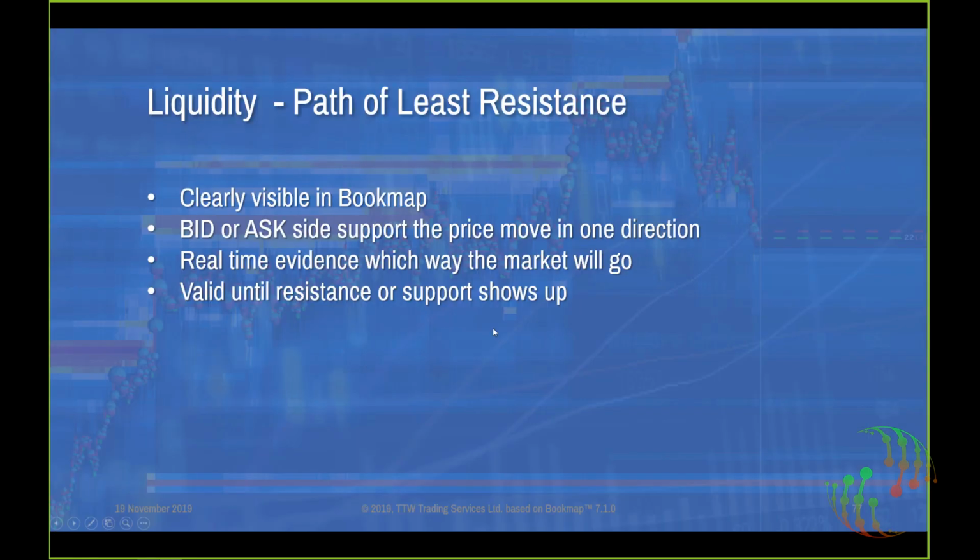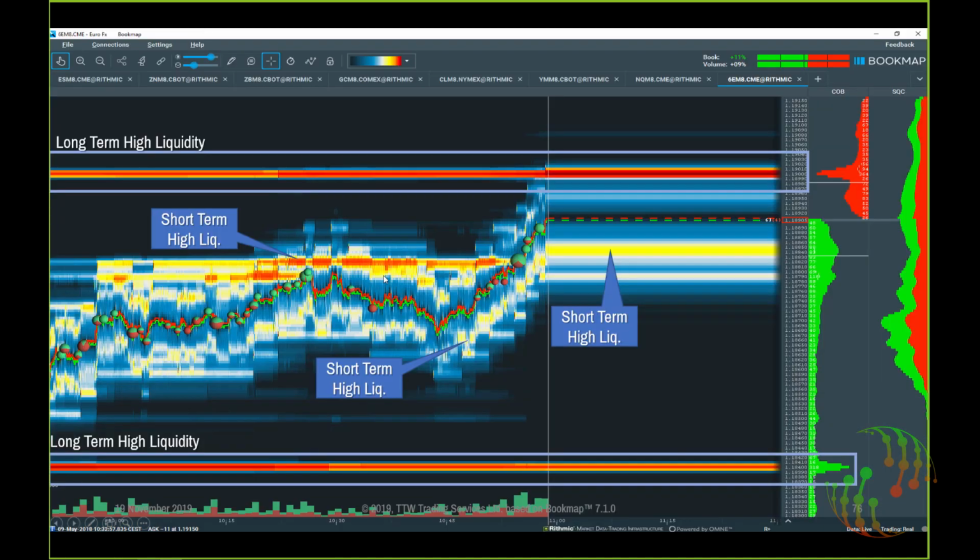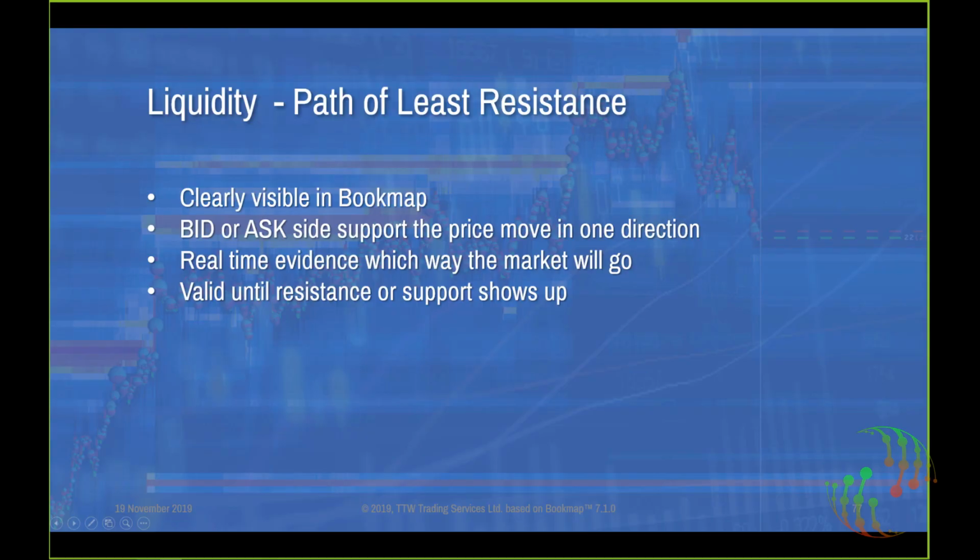This is short-term. Walter, what's your definition of high liquidity, and is it different for short-term versus long-term? Short-term, it's only in the book for seconds to minutes, but it's high. It's high in comparison to the adjacent liquidity levels in the book. Is there a percentage level or a number that you look at? I know it depends on the market. Yes, it's the number. Let me see whether we have a better example here.